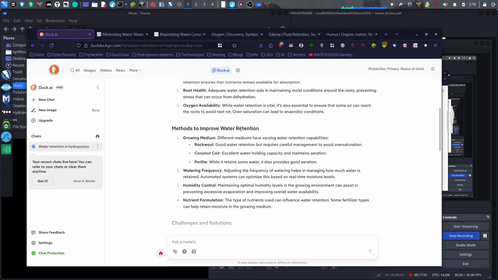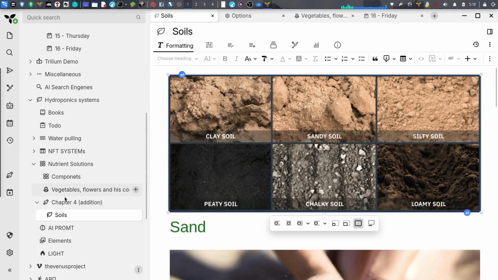Methods to improve water retention. Growing medium: different mediums have varying water retention capabilities. Rockwool: good water retention, but requires careful management to avoid oversaturation. Coco coir: this is a material that we checked.